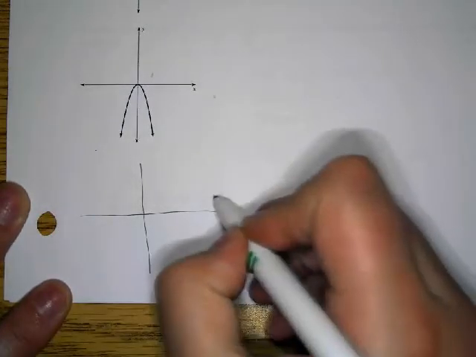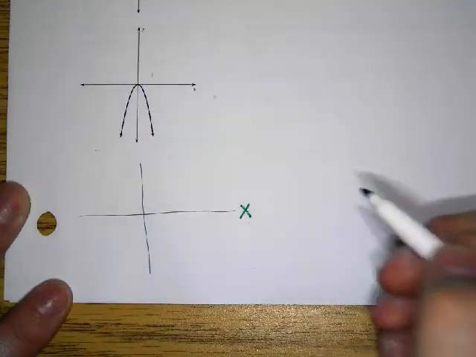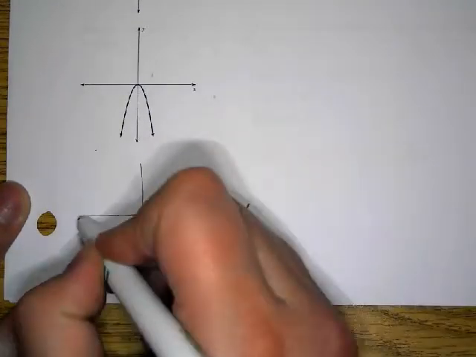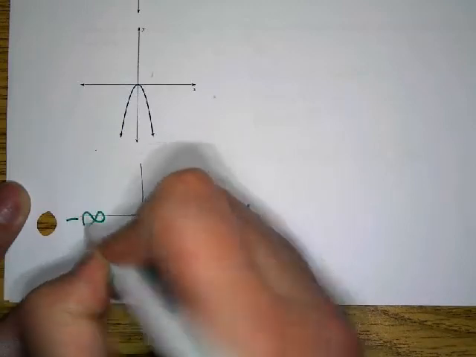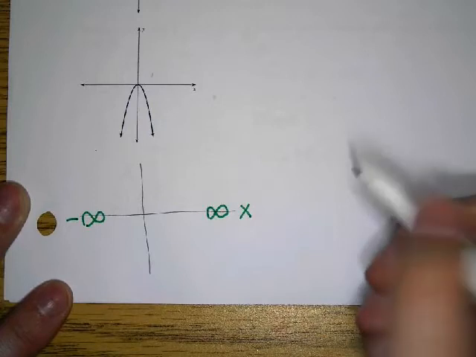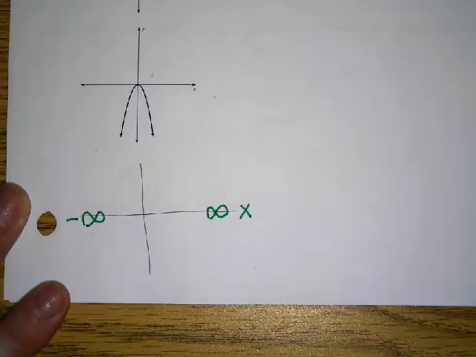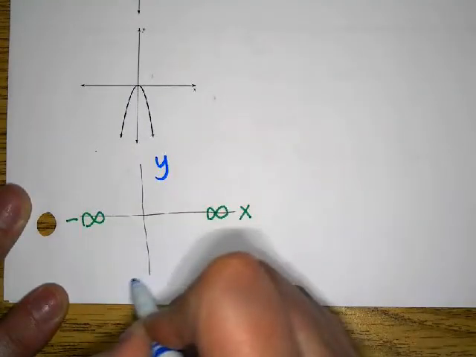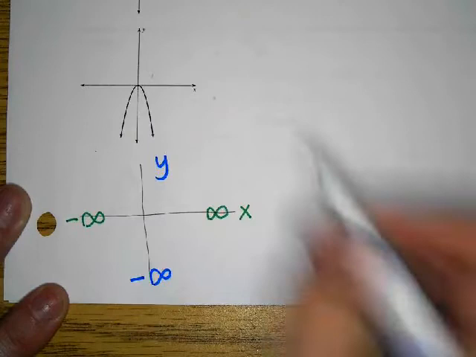There are two infinities that go with x. A left arrow is a negative infinity. A right arrow is a positive infinity. We also have two infinities that have to do with y. So a down arrow is a negative infinity. An up arrow is a positive infinity.